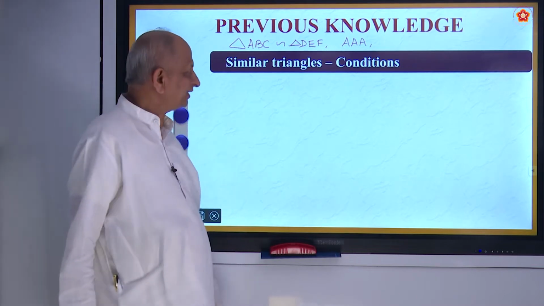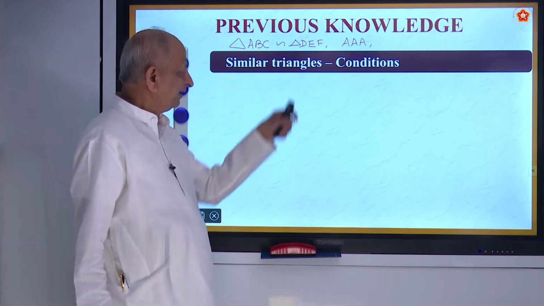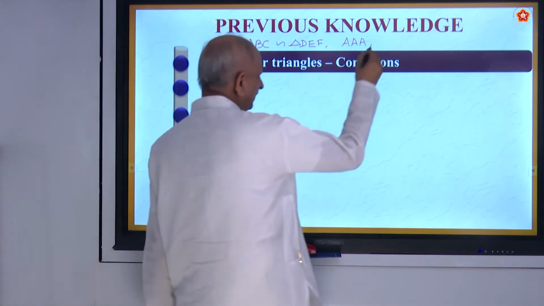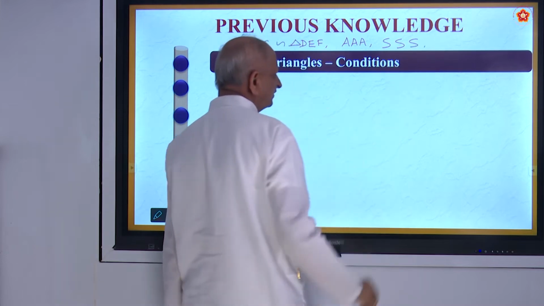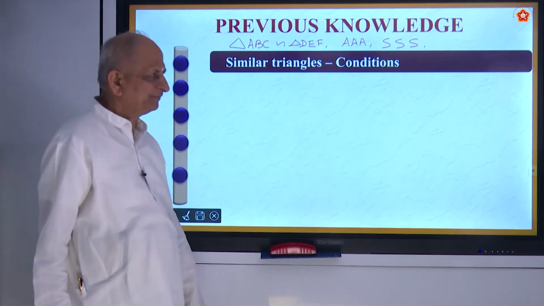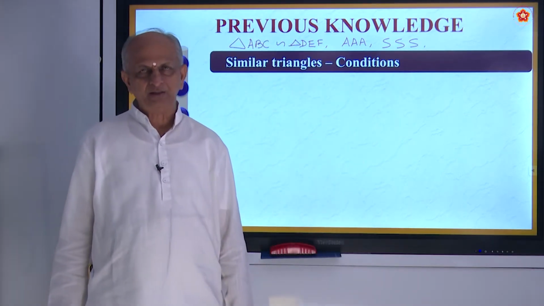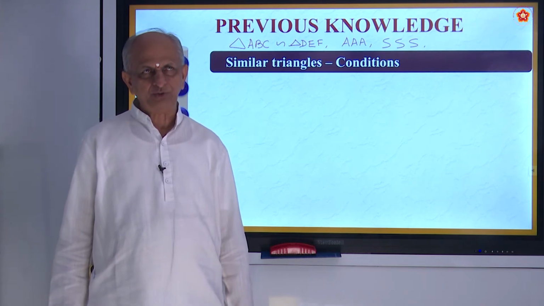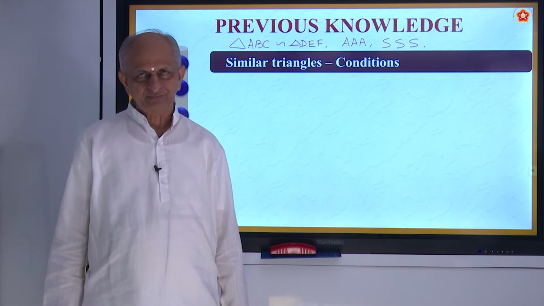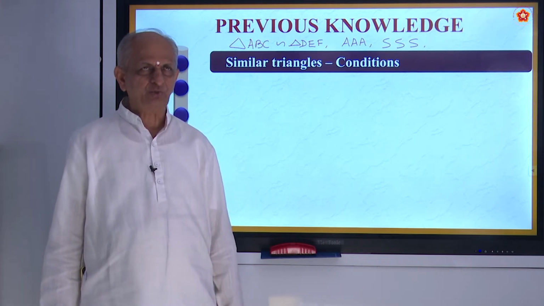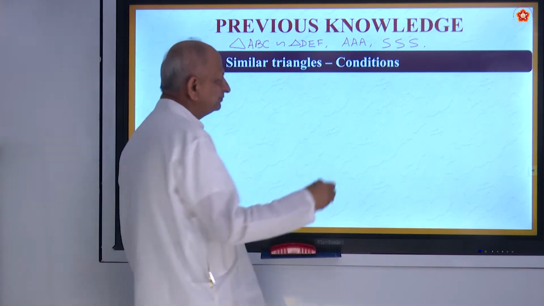Then the two triangles are said to be similar. Another one, the three sides of one triangle are proportional to the three sides of the other. Then the two triangles are similar.